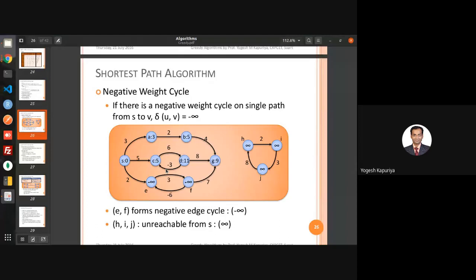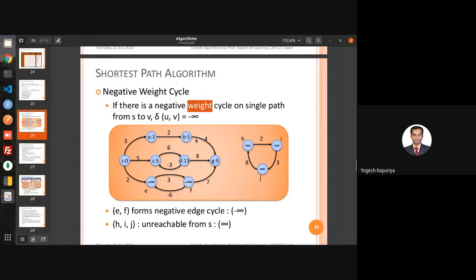Before we discuss further, there is an important topic to understand, which is called a negative weight cycle. Now, when you say that you have a weight associated with each and every edge, there may be a case where you have a negative weight associated as well. So if you see this graph, there are two edges which have negative weight.